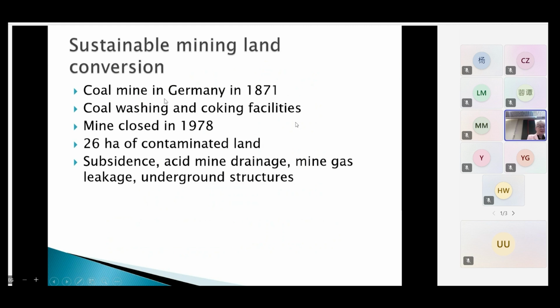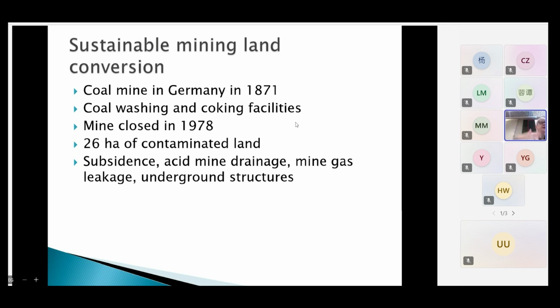Hopefully a little more on the sustainable side, these are some examples. You have a coal mine in Germany that closed in 1978. You had a lot of contaminated land.